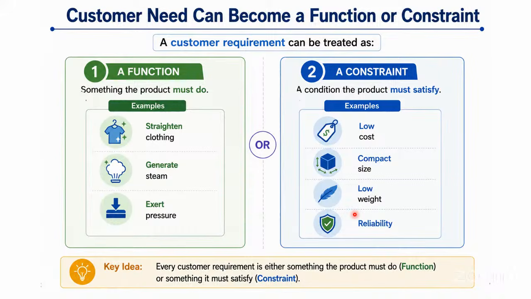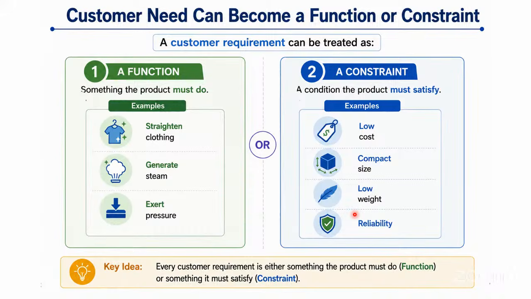The same customer may require other things like low cost, compact size, or lightweight or reliability. These are not functions, these are constraints which are coming under customer requirements. So we need to understand the difference between function and constraint. So I've listed the customer requirements of an iron box here.